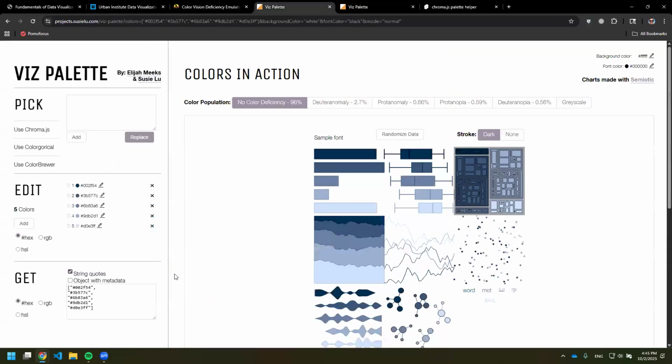A couple of other tools I found outside of this: I don't even know who made this, but I'd used it. I'd wanted to make a blue scale here, and I had lots of concerns about, well, number one, for people with no problems with color perception, are the colors perceptually different enough? And then if I wanted to emulate different color blindness, I could click along the top and see, and these will change, and I can discern whether differences in elements of my scale are still perceptually different.